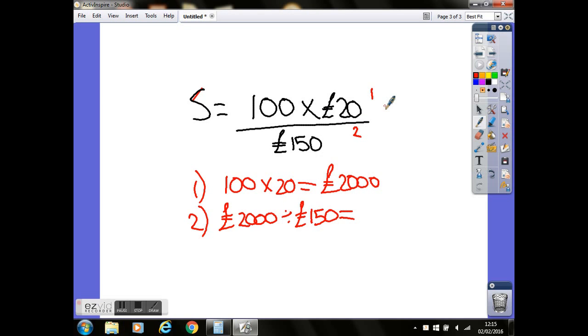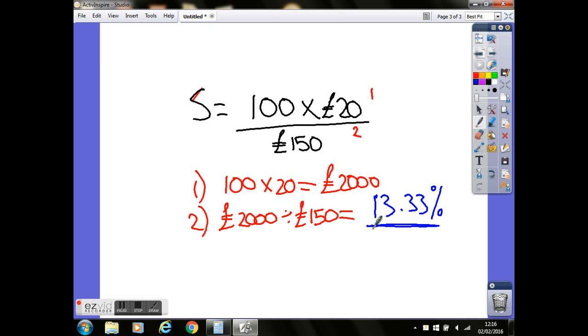So again, using a bit of rounding, you can round that to 2 decimal places. Oh sorry, that shouldn't be a pound sign. We're looking at percentage here. So that should be rounded to 2 decimal places, 13.33, and it should be percent because we're trying to find the percentage saving. That's your final answer.